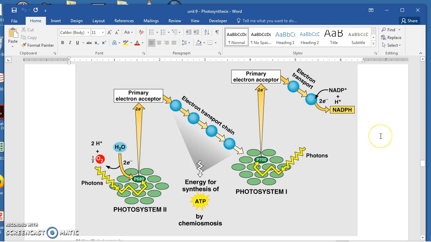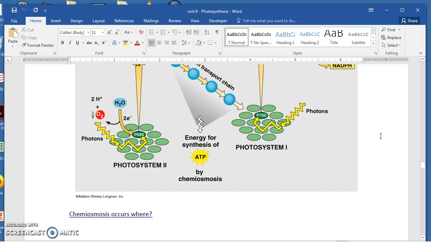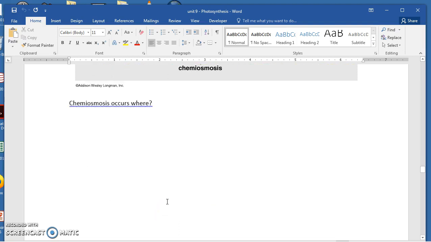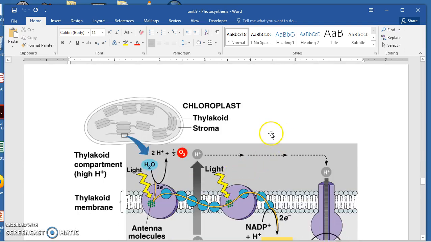You might need to take a little bit more notes on this unit than you have in the past. I don't have a lot of typed out words or phrases for you. I do note here, know where the chemiosmosis occurs. It's something you should just know from the last unit. So in the chloroplast you have the thylakoid and you have the stroma. Stroma is a watery portion.